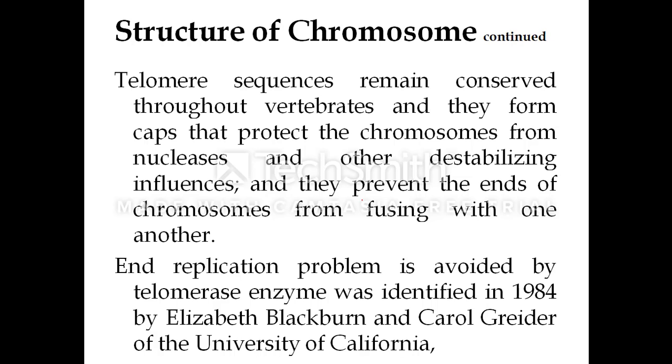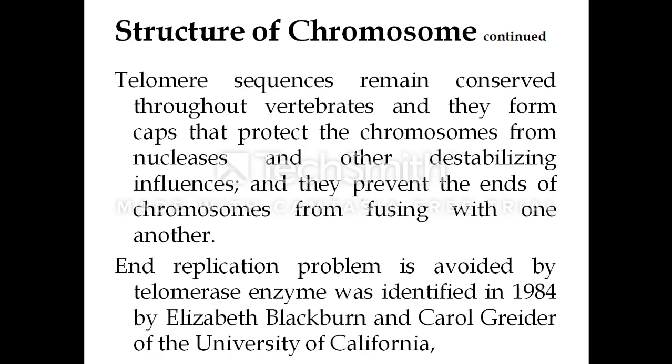They prevent the digestion of the chromosome at the tip and other destabilizing influences, and they prevent the ends of the chromosome from fusing with another one. So they prevent the fusion of adjacent chromosomes, and telomeres also play an important role in the end replication problem.